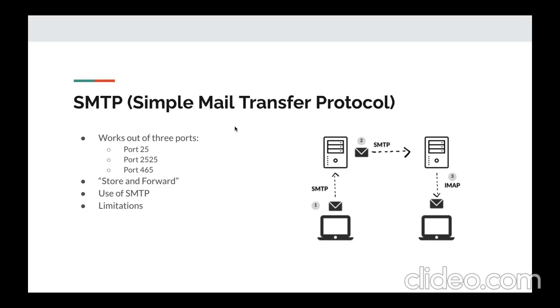Secondly, we have port 2525, which is opened on all SiteGround servers, just in case port 25 is filtered and you want to send non-encrypted emails with SMTP. And then port 465 is the port used if you want to send messages using SMTP securely.